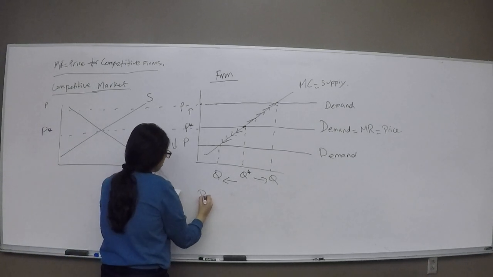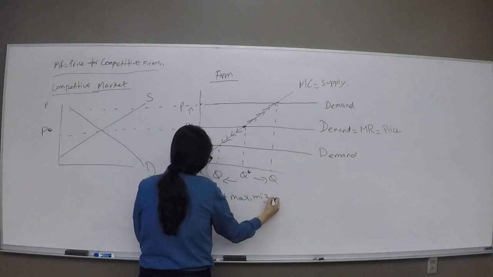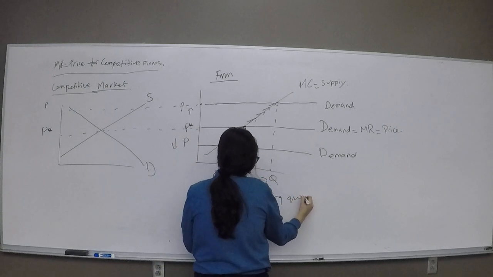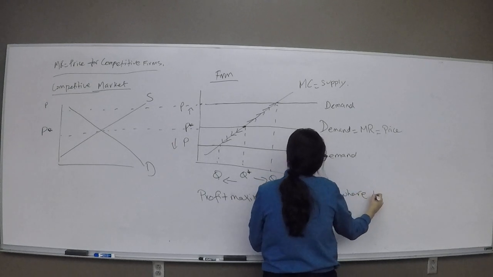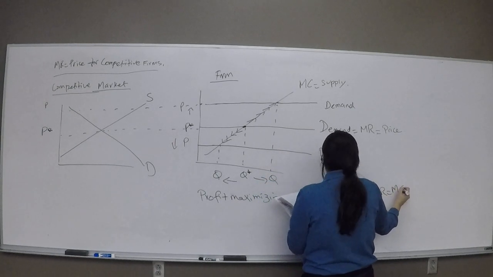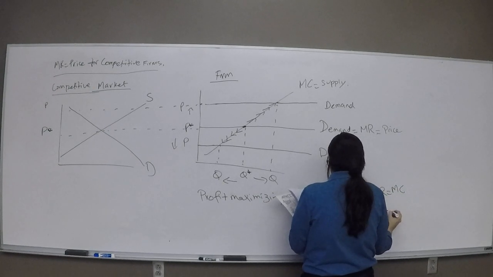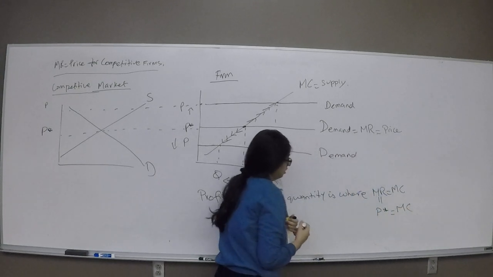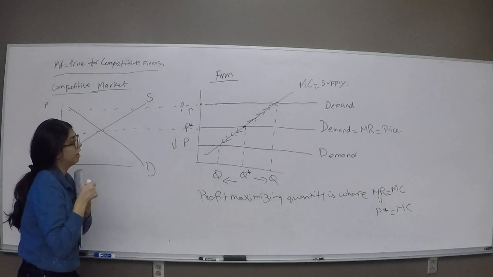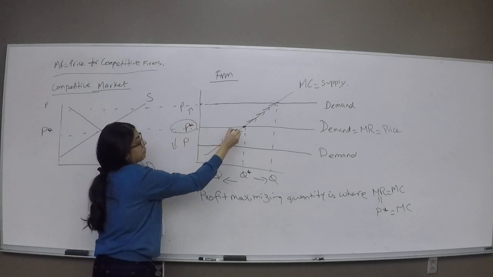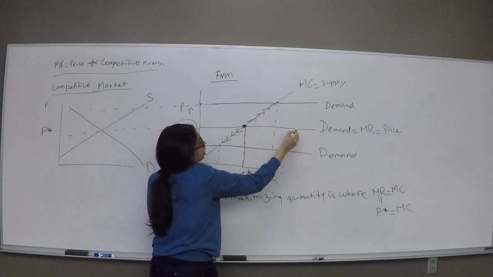The profit maximizing quantity is where marginal revenue is equal to marginal cost, or where P star is equal to marginal cost. So if this is the price, the profit maximizing quantity is this, where marginal cost is equal to marginal revenue.